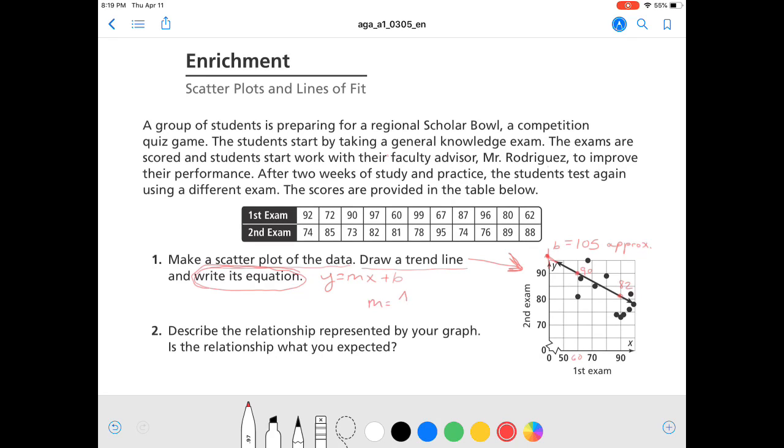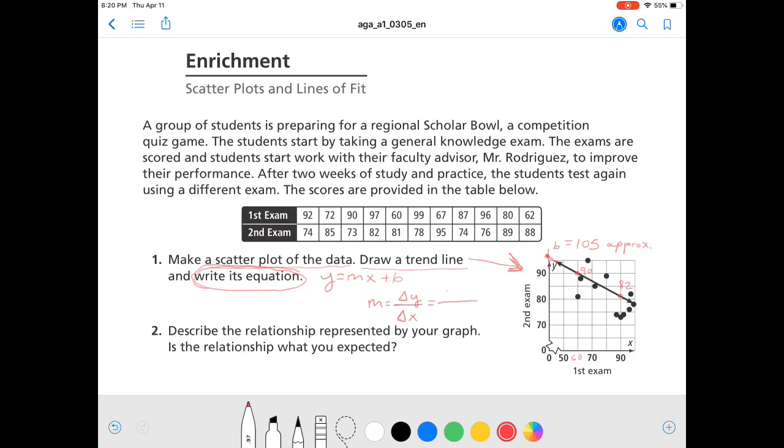Slope is equal to the change in y over the change in x. So what we're going to do is subtract our first point from our second point. So I've got 90 minus 82 over, oh wait, I just did my second point subtracted from my first point, so I need to switch those numbers around.